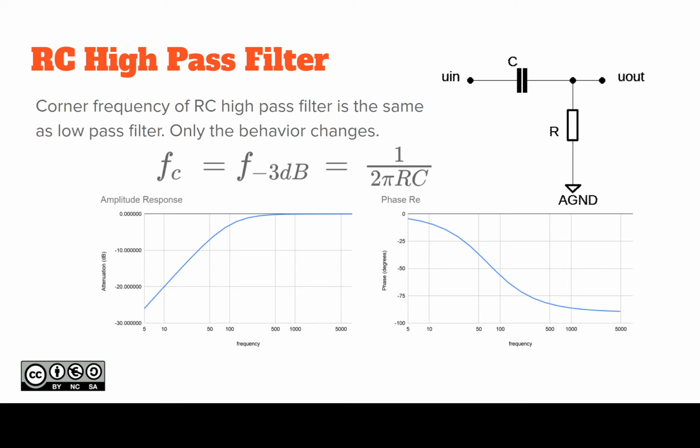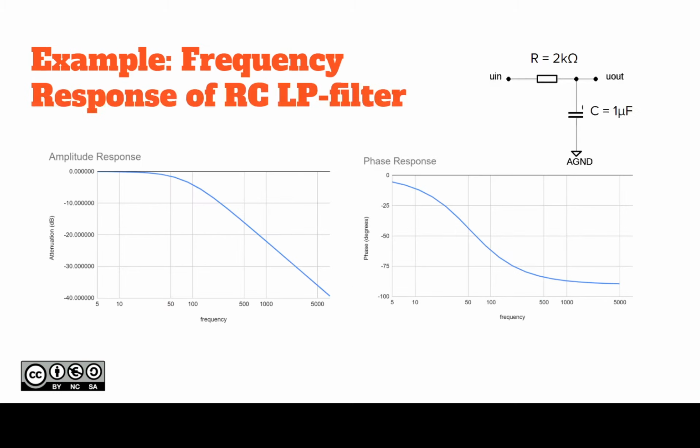Then reversing those components, R and C. Actually, now we have the same system, and it is quite simple to think about. If in the low pass filter the signal is across here, the capacitor slows down the voltage changes.